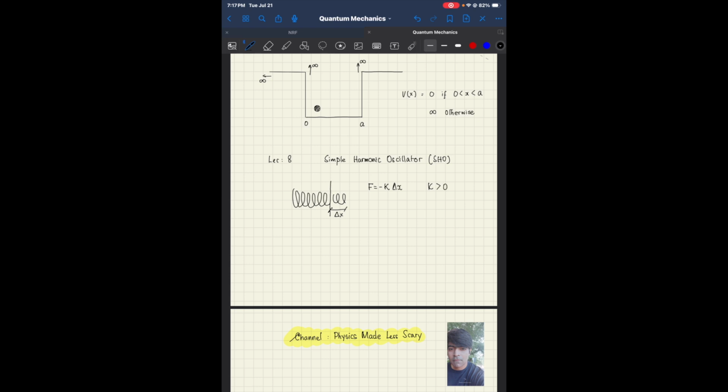In other words, if you pull the spring this way, the spring wants to recoil back. Likewise, if you push the spring this way, the spring again wants to go back to its original position, which is given here.